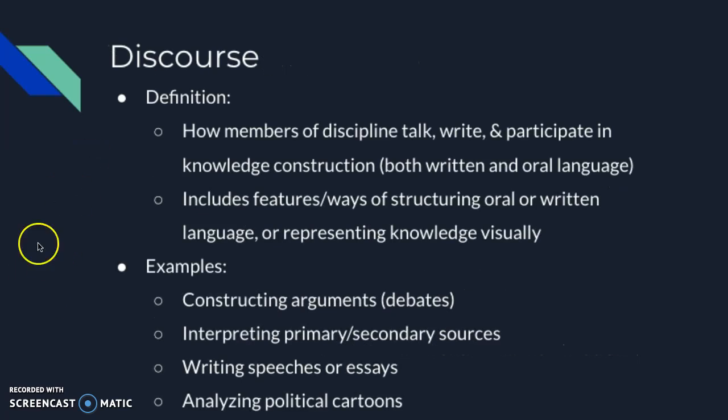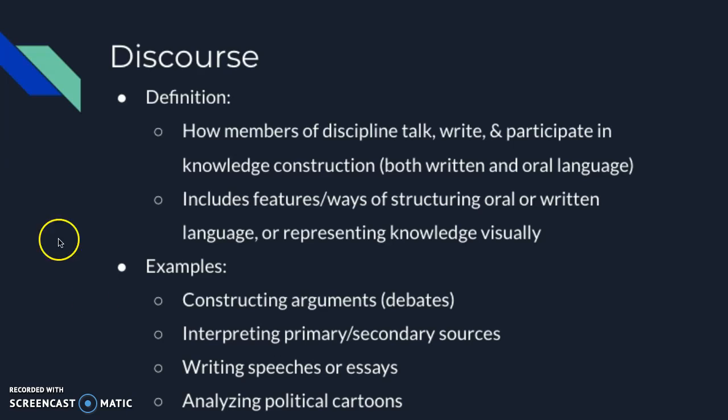Moving forward to discourse. Discourse is essentially how members of a discipline talk, write, and participate in knowledge construction, and this can be both written and oral language. This also includes different features and ways of structuring oral or written language or representing knowledge visually.